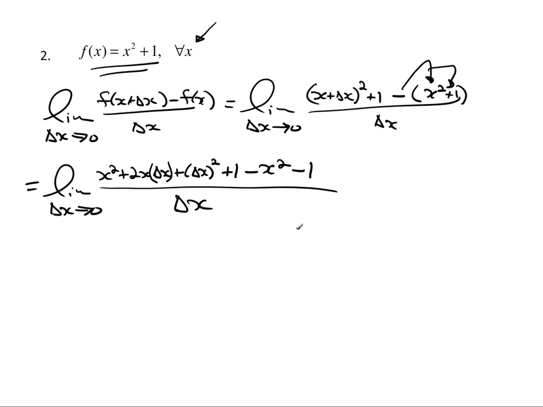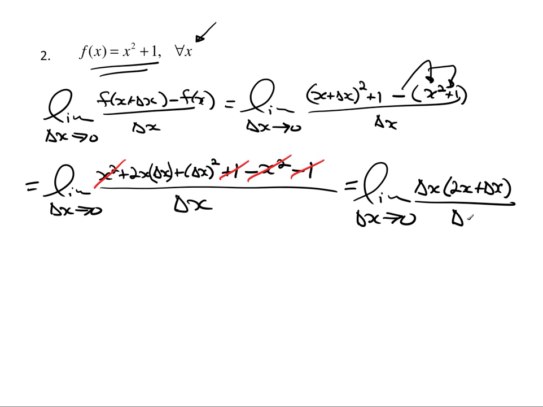Now, let's see what goes away. I have a positive x squared and a negative. That goes away. Positive 1 and a negative 1. That goes away. And I can factor out one of these delta x's, so I'll do that in the next step. This could be equal to the limit as delta x goes to 0. If I factor out a delta x, I'm going to pull it out to the left: delta x times what's left, 2x plus delta x, over delta x.